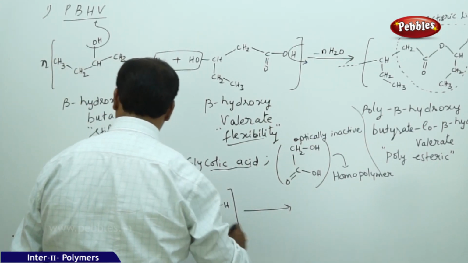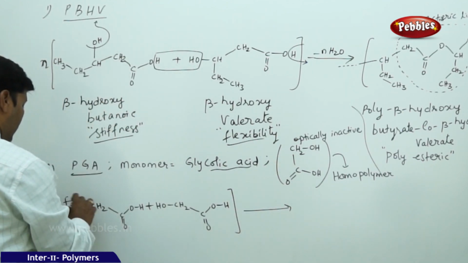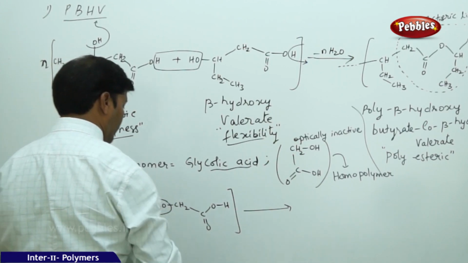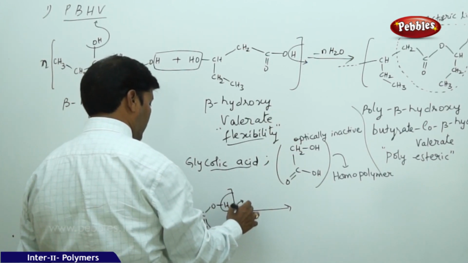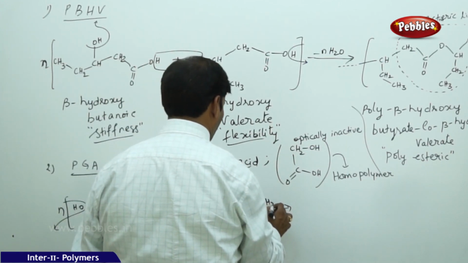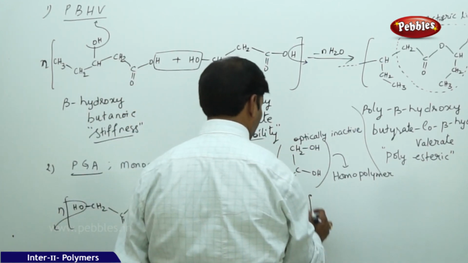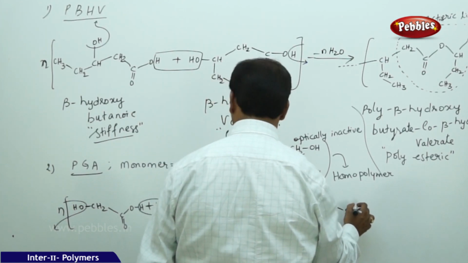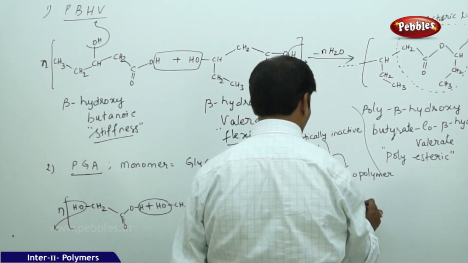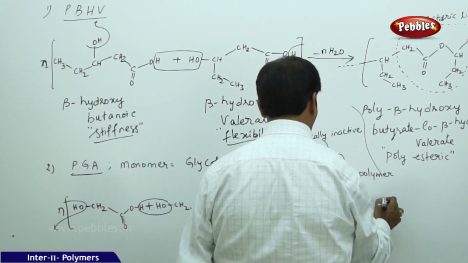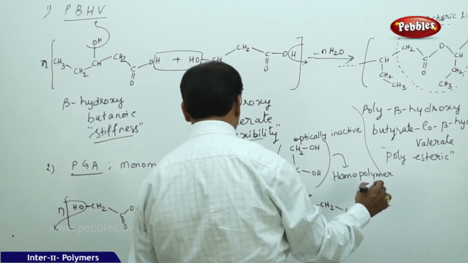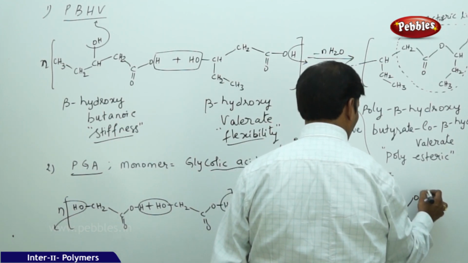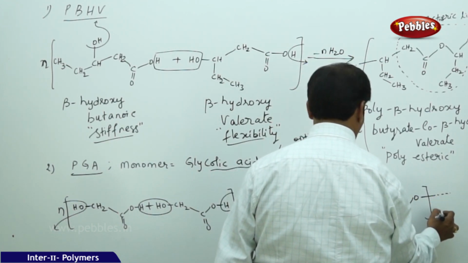If it participates in the polymerization, one OH group is removed, one molecule of water is removed, and again one molecule of water, minus 2n water molecules are removed, and you are going to get the polymeric structure in this manner: one carboxylic group, O of CH2, again an ester linkage with a carbonyl group, again O of CH2, taken n times.